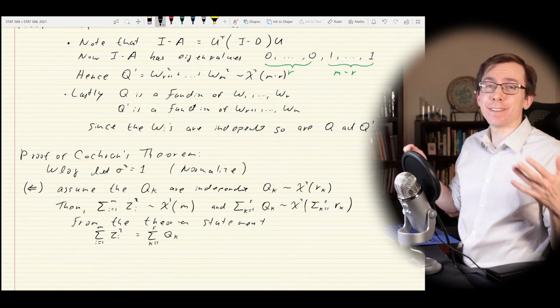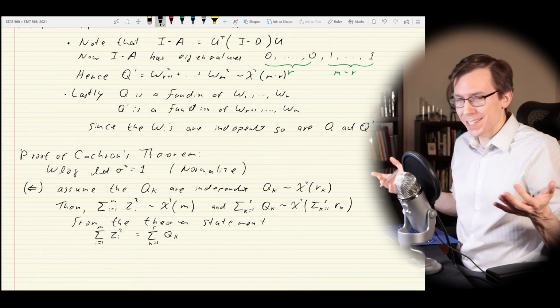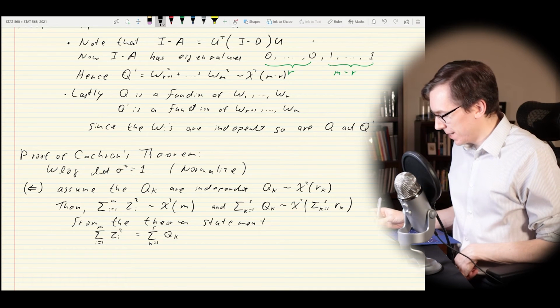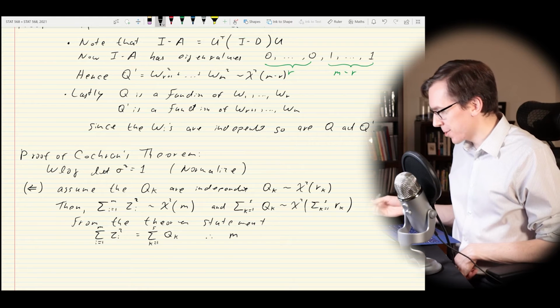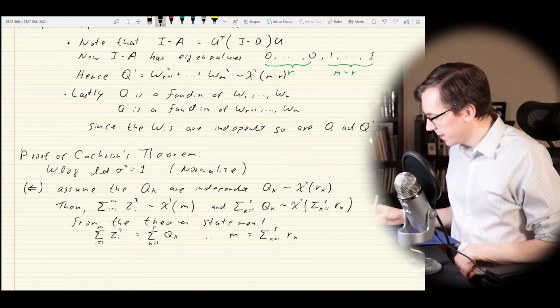So since these are the same things, they both have chi-squared distributions, and they have to have the same degrees of freedom. We'll say, therefore, m, the degrees of freedom for the sum of the z squareds, is going to have to equal the sum of the ranks of these matrices, the r_k.